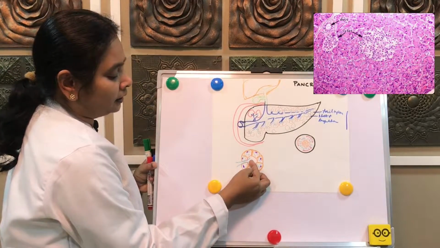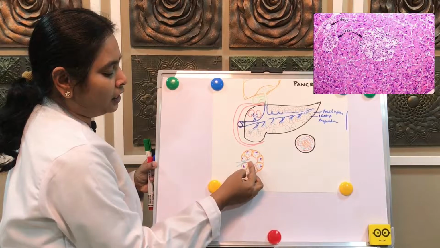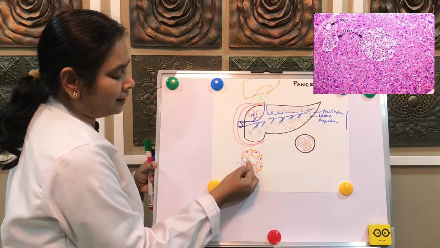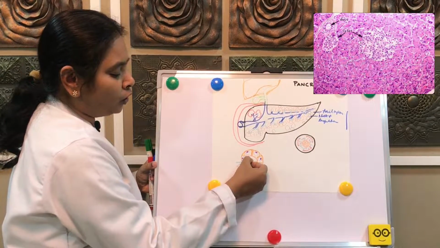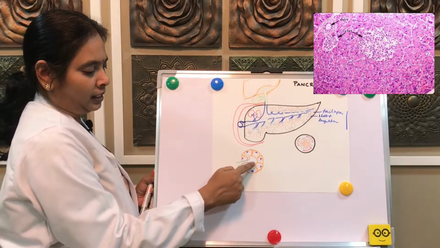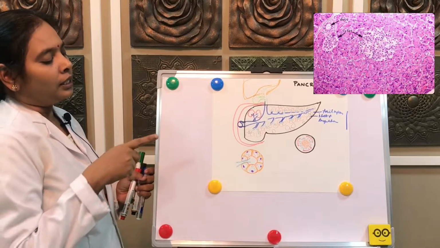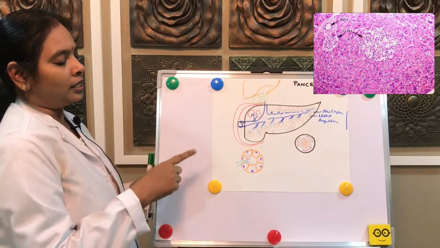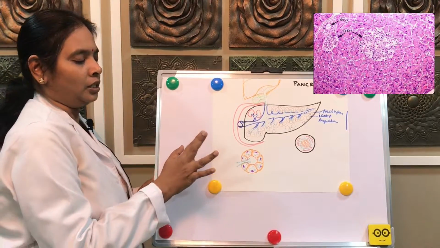Within the lumen of the acini you will see one duct system, which, because it is present in the center of the acinus, is called the centroacinar cells or centroacinar duct.